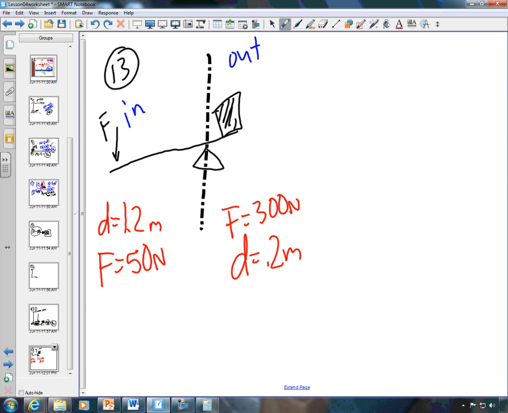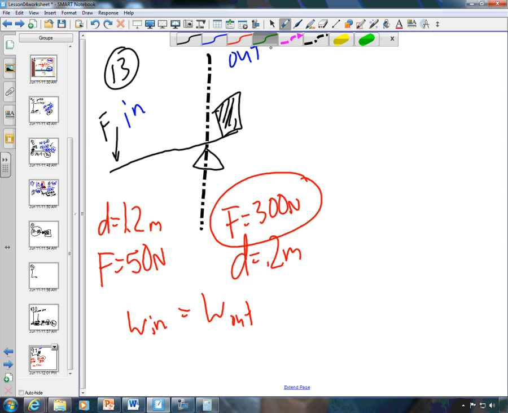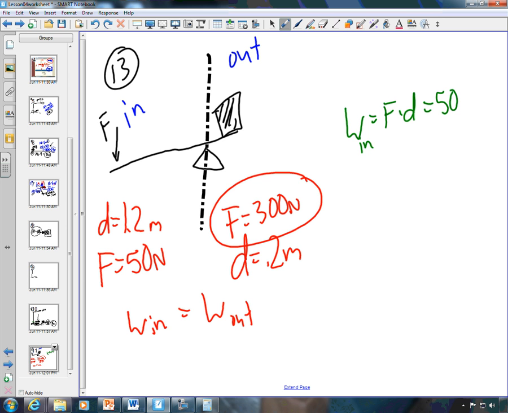Now this is worded interestingly. You just have to show that the weight of the load is actually 300 newtons. So you have to prove this. Well, work in equals work out. Work is force times displacement, so the work in is 50 times 1.2.